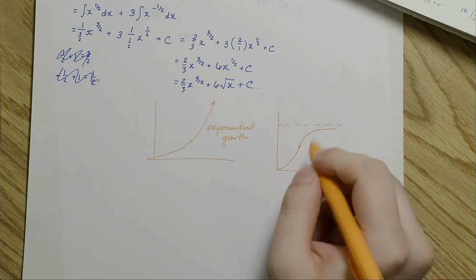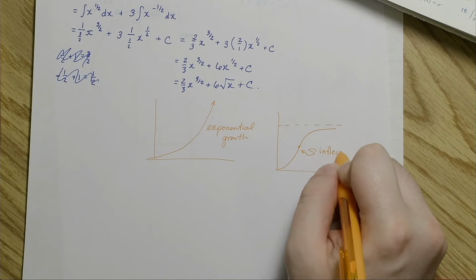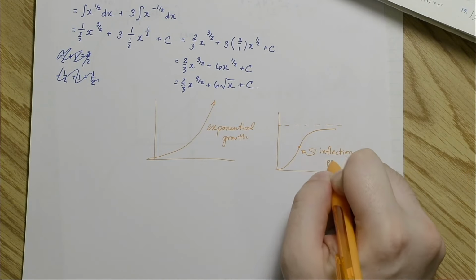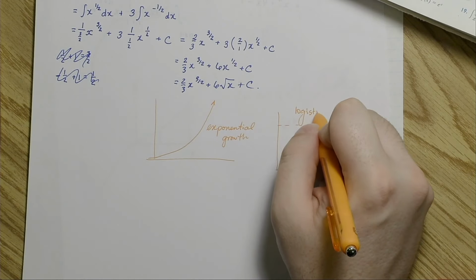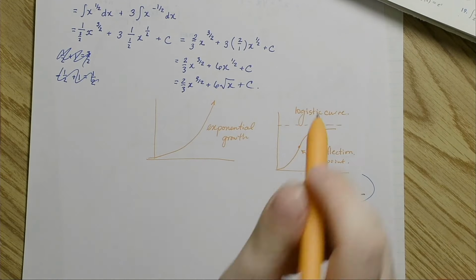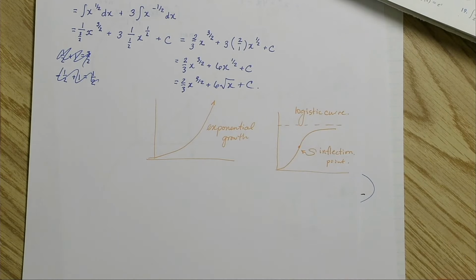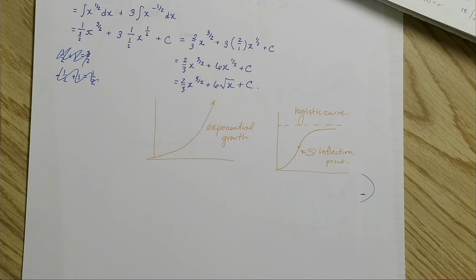And remember, I asked you about the inflection point. What does that mean? So this is the logistic curve. It means that that's when we're starting to see a decrease in rate of infection. So hopefully we can flatten that curve and avoid that.